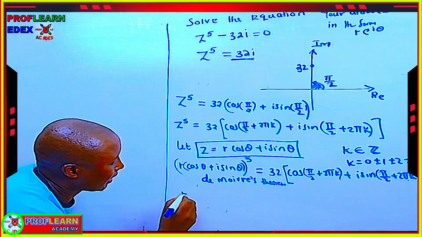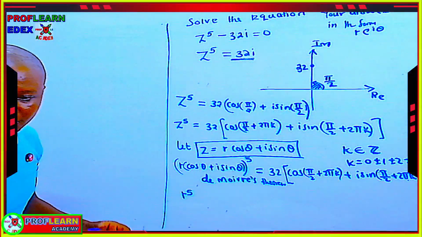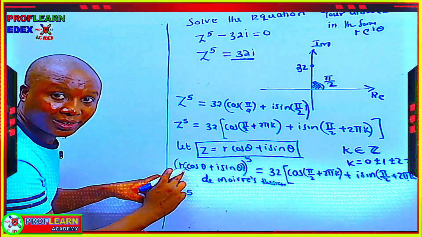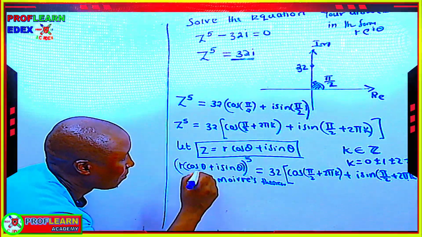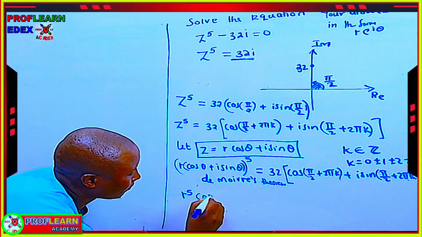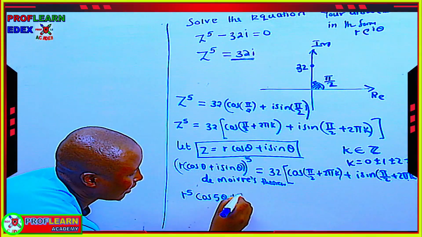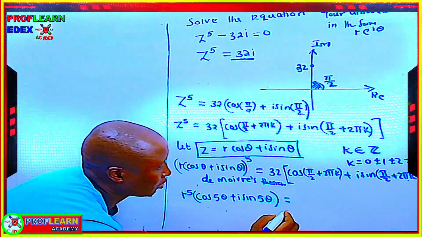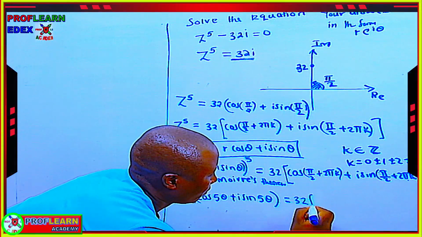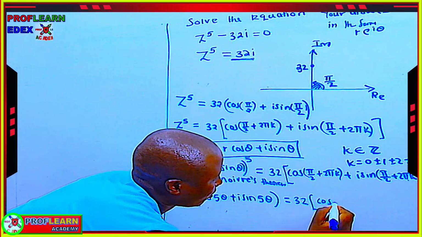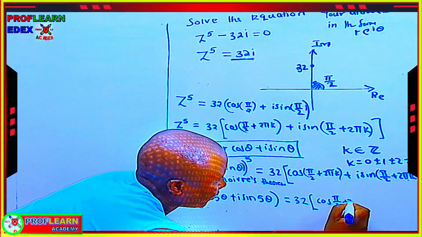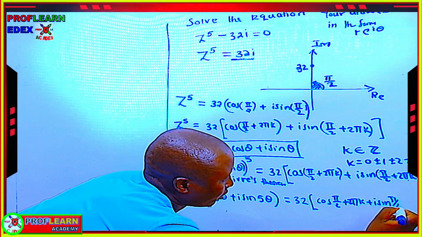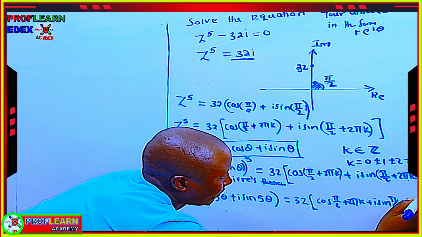De Moivre's theorem says if you raise to a power, this modulus r is going to be raised to power 5, but this one is going to be cos 5 theta plus i sine 5 theta, equal to 32 into bracket cos of pi over 2 plus 2 pi k plus i sine of pi over 2 plus 2 pi k.